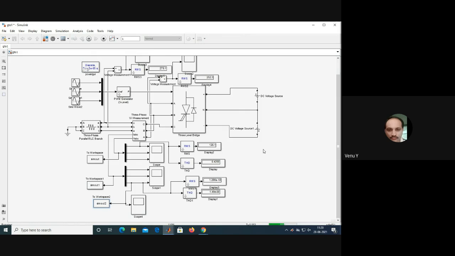Mostly we'll prefer IGBT or GTO, the STATCOM. Those two are turn-off devices, therefore we'll use the turn-off devices as switches.